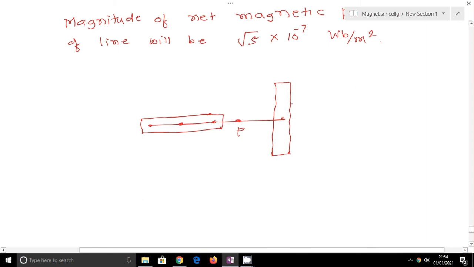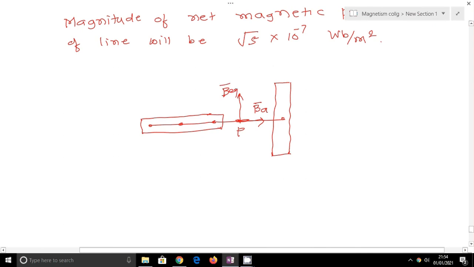Now for the first magnet, point P is the axial point, and for the second magnet, point P is the equatorial point. Then again this is the axial magnetic field, B_A, and this is the equatorial magnetic field, B equatorial.